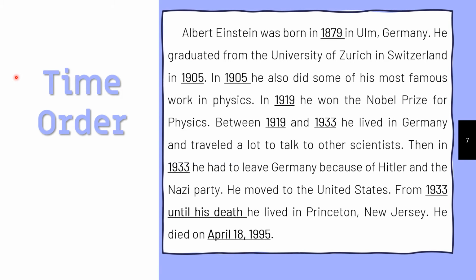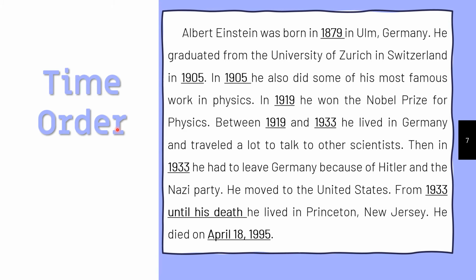Okay, time order. Probably the first thing that comes to your mind is a date or dates. Okay, so the same. What is the topic of the paragraph? And how can you tell this is a time order pattern? How do you know that the example that we have right here is based on this pattern, time order?